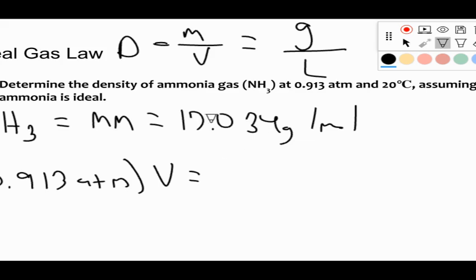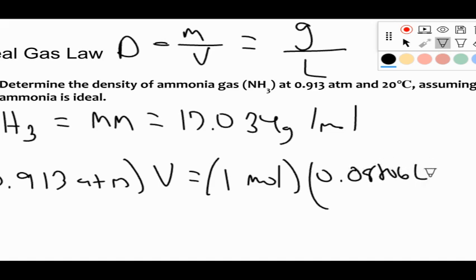We are going to use that it's this many grams in 1 mole. So we're actually going to use 1 mole as our number for our moles. And then I have my temperature is 20, but I won't leave it as 20. I'll add 273 to it to get 293.